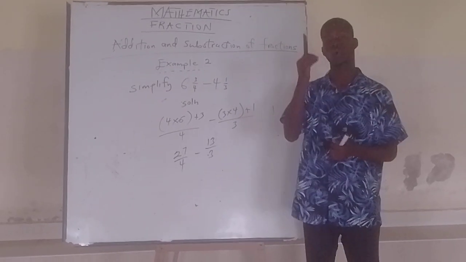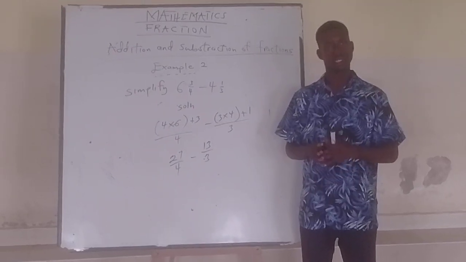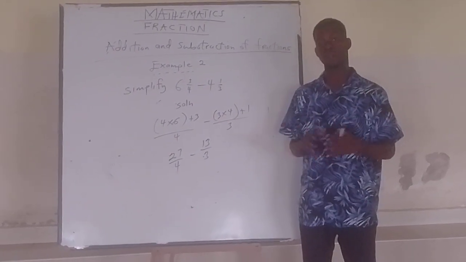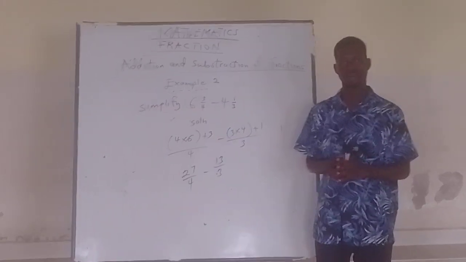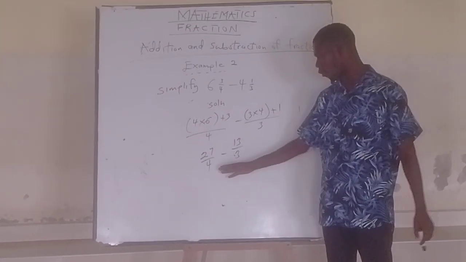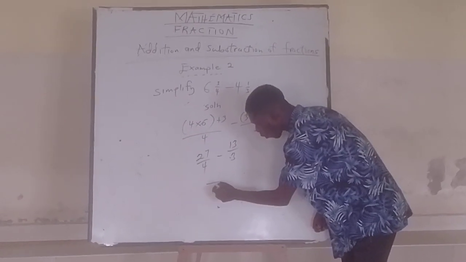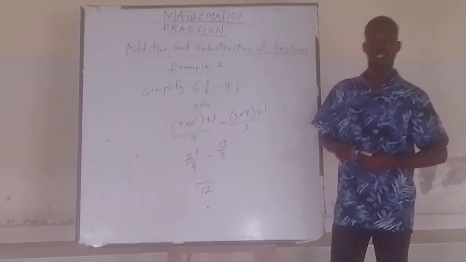The one which is common in all of them, that's the least one. You get a lot of common multiples, but we want the least one. So the LCM for 4 and 3 is what? It's 12.